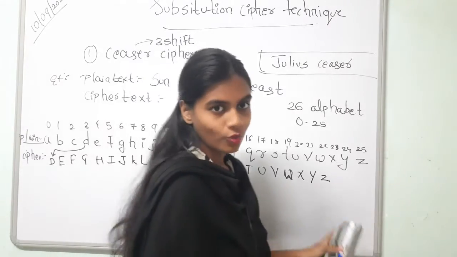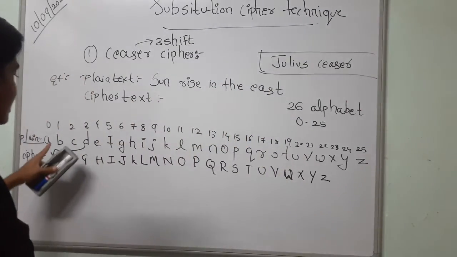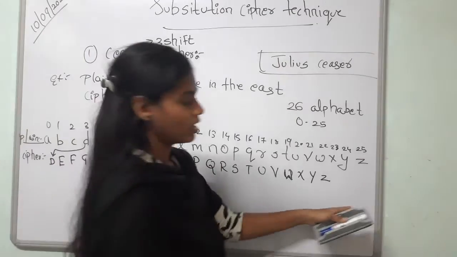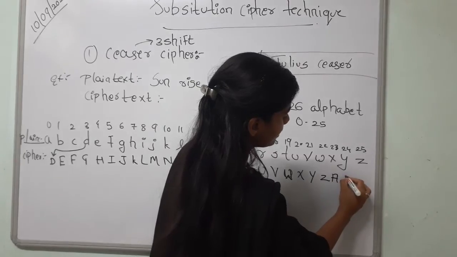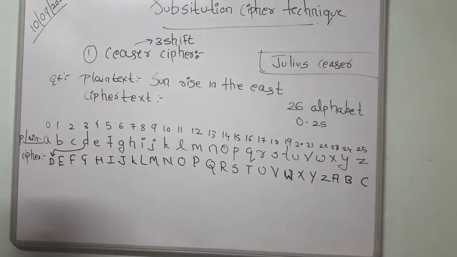X, Y, Z also need cipher text, meaning corresponding letters. So we continue from the letters we removed, A, B, C. This is the cipher text. This is the technique by which the Caesar cipher is made.